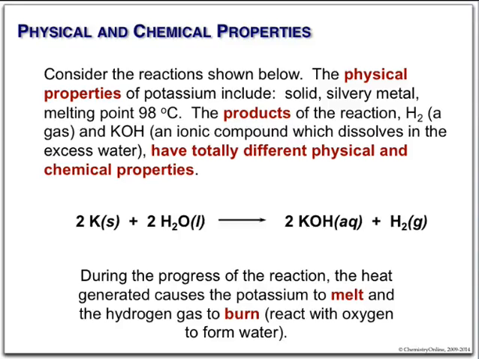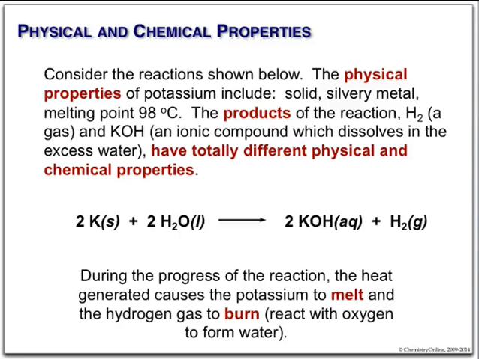Now remember what I said about this being an equal sign. I said you must have the same numbers and types on both sides, right? So on this side we have 2 potassiums, and here we have 2 potassiums.